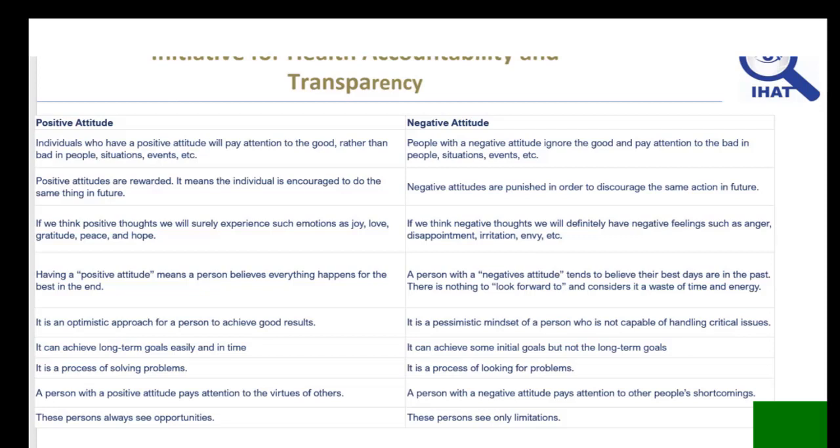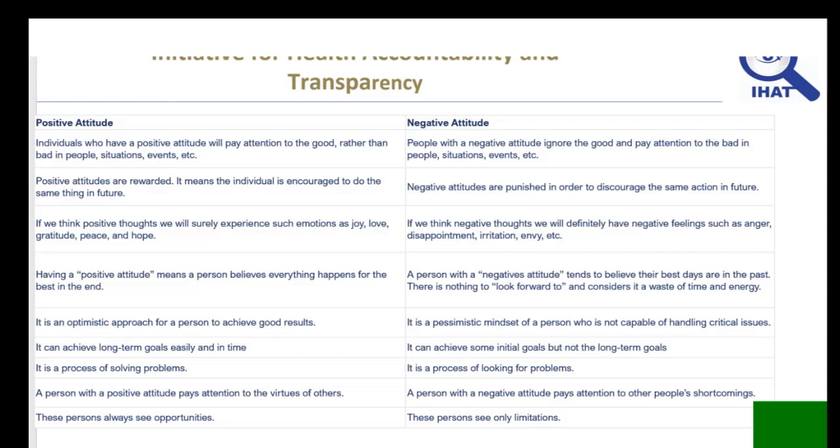If we think positive thoughts, we will surely experience such emotions as joy, love, gratitude, peace, and hope. But if we think negative thoughts, we will definitely have negative feelings such as anger, disappointment, irritation, and envy. A positive attitude is an optimistic approach for a person to achieve good results, while a negative attitude is a pessimistic mindset of a person who is not capable of handling critical issues.